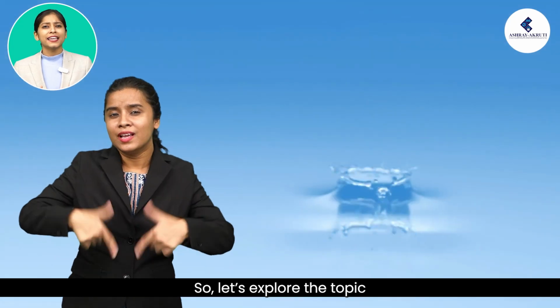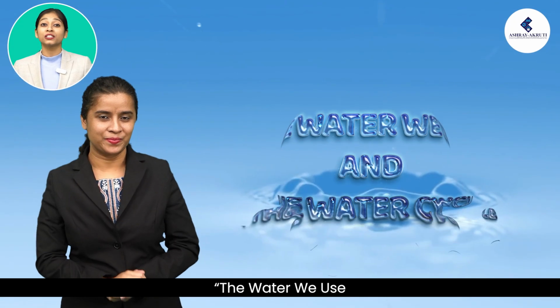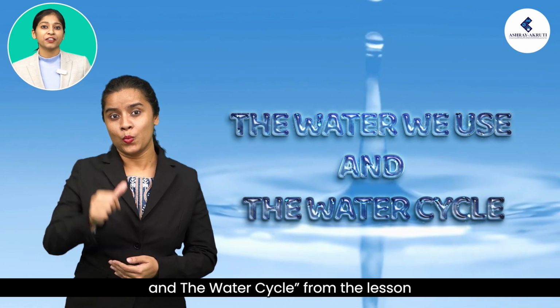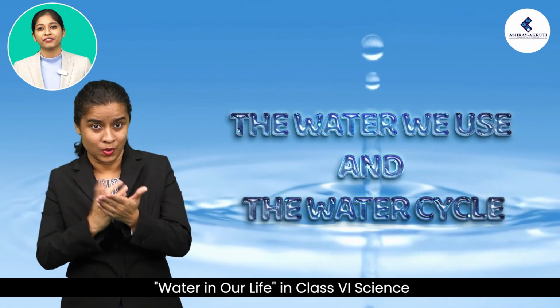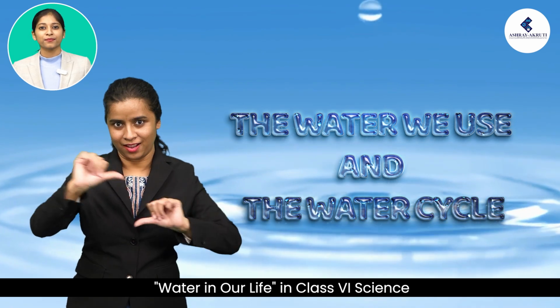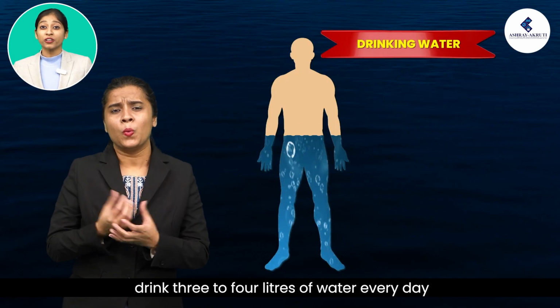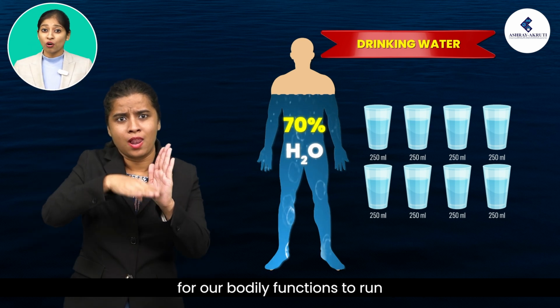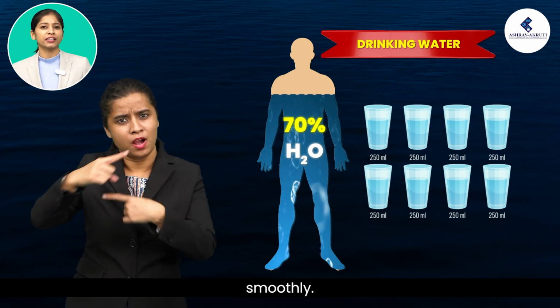So, let's explore the topic, water we use, and the water cycle from the lesson Water in Our Life in class 6th Science. We need to drink 3 to 4 liters of water every day for our bodily functions to run smoothly.